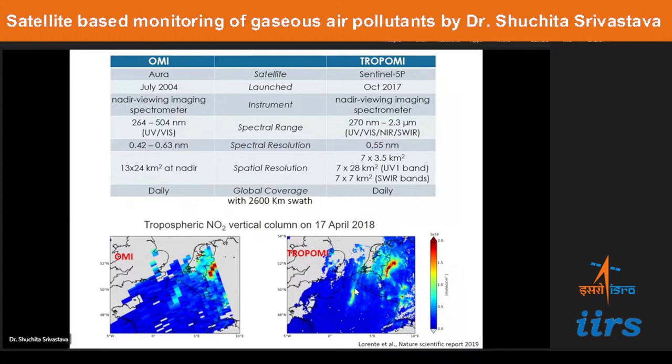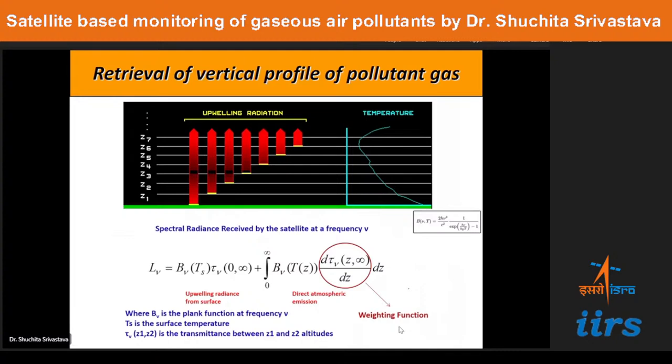So TROPOMI observations are very important, and are the best at present for total column content calculation. But using reflected radiation, TROPOMI or OMI cannot give the vertical profile of pollutant gases.